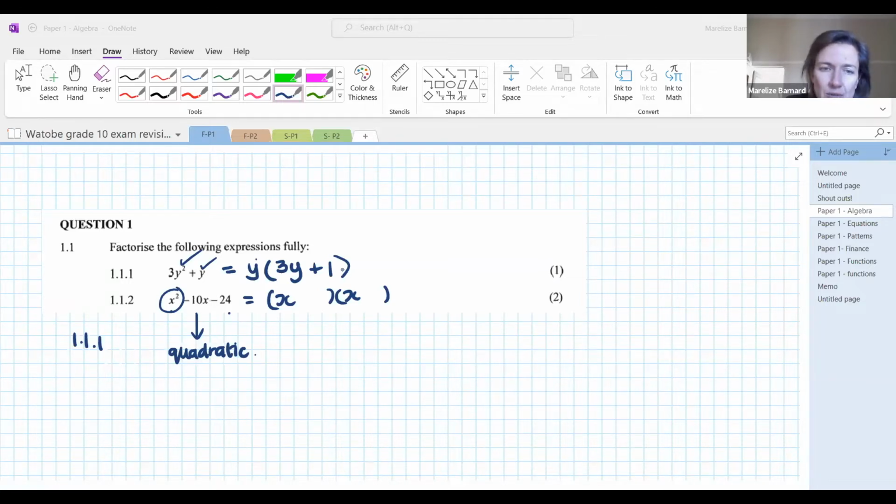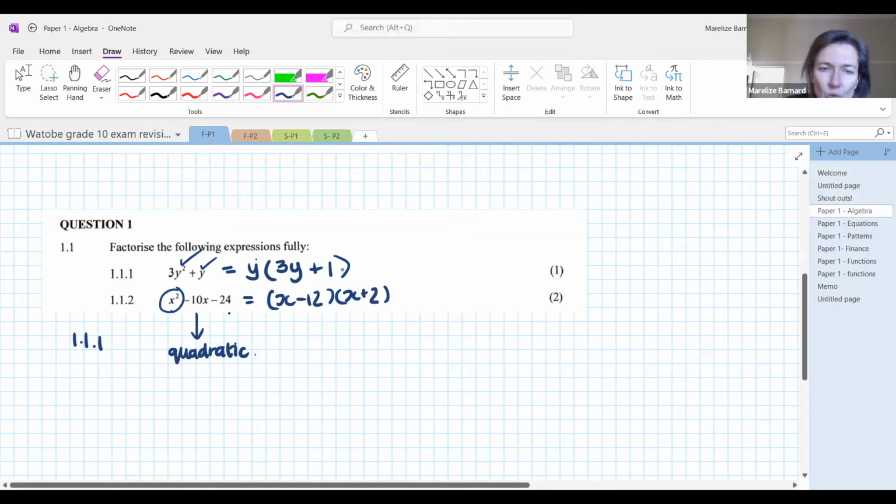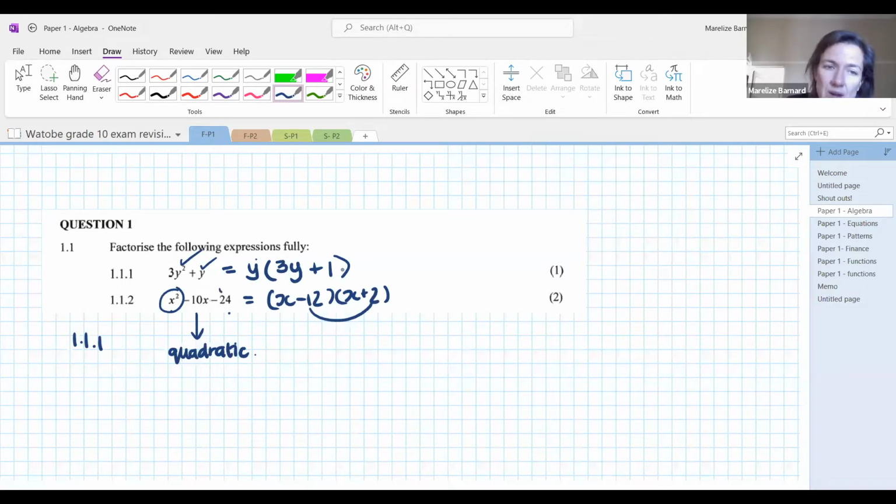I totally agree. And remember, you can always check. Minus 12 times a 2 gives me minus 24. Good stuff. And then if we take the minus 12 plus 2, add it together, you get minus 10. So that works as well. Good job. Okay, so that was our first warm-up round.